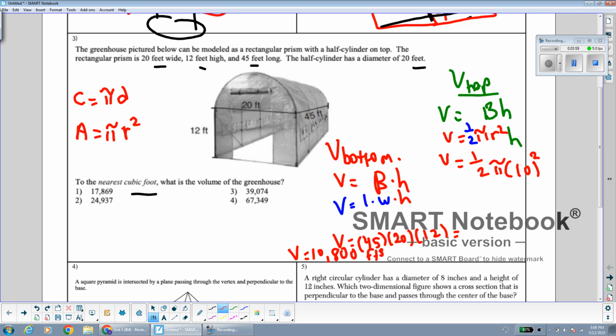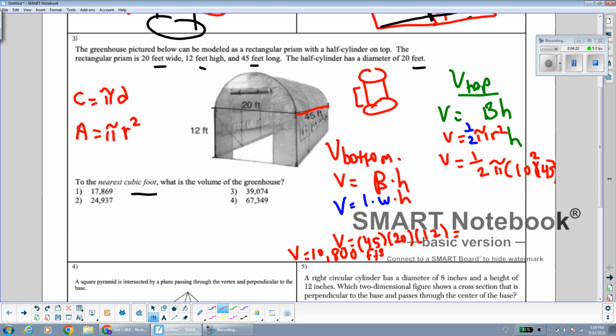And then the height of the half cylinder is 45, so be really, really careful with that. If you imagine the half cylinder standing up tall, that would be equivalent to this over here, so just be careful. This is the height of the rectangular prism part, but this is the height of the half cylinder part.